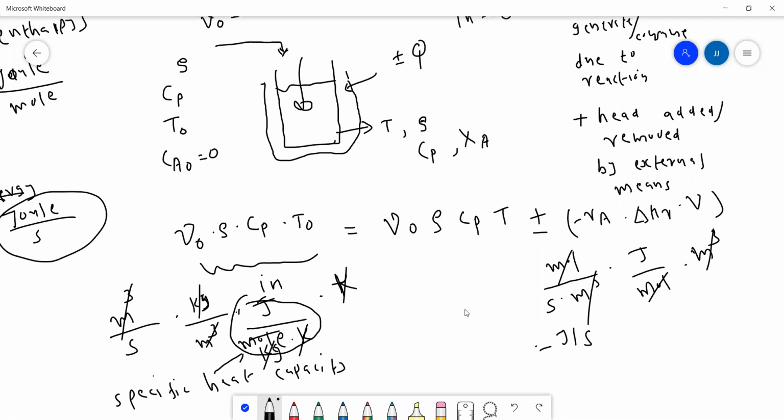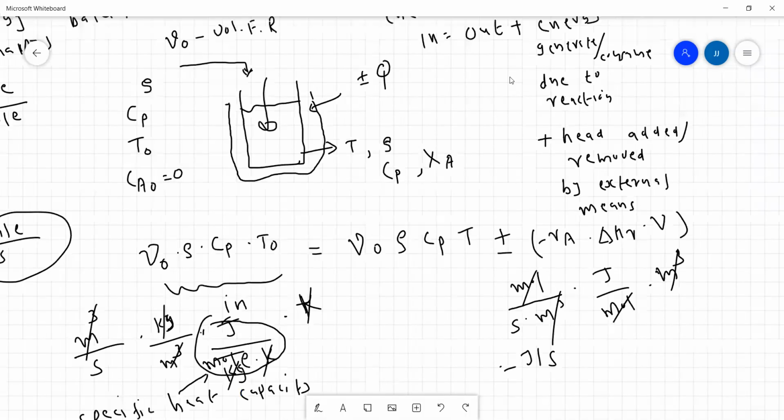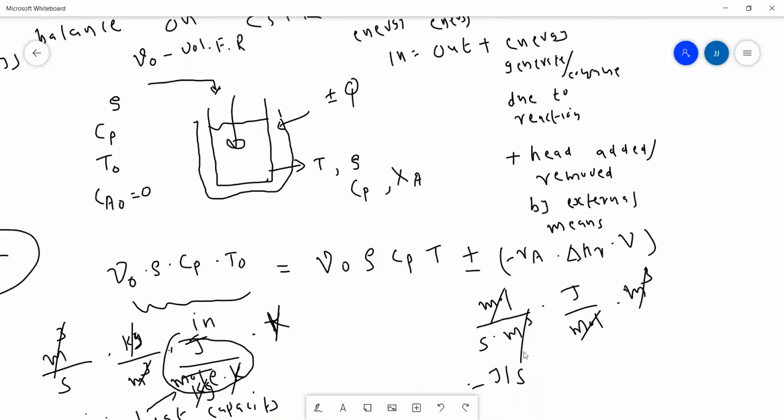This term is the energy generated or consumed during this reaction, in joule per second.